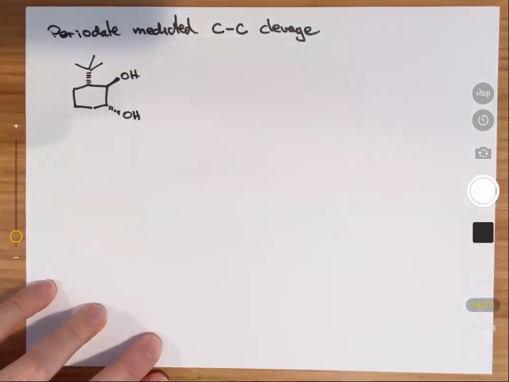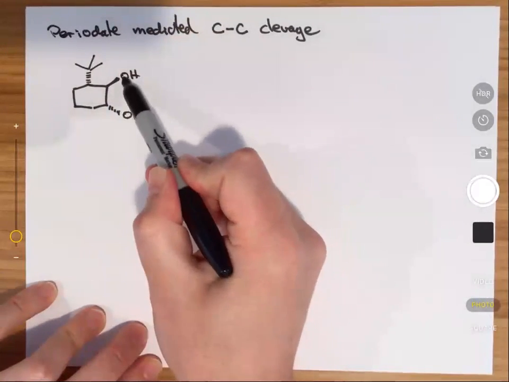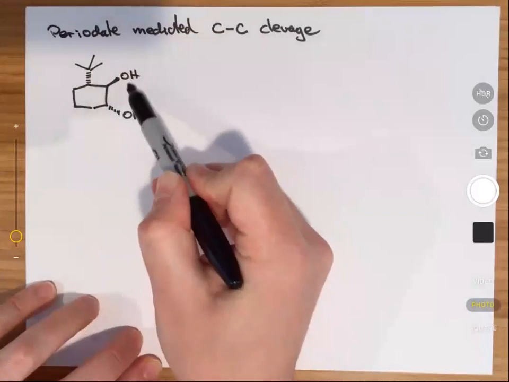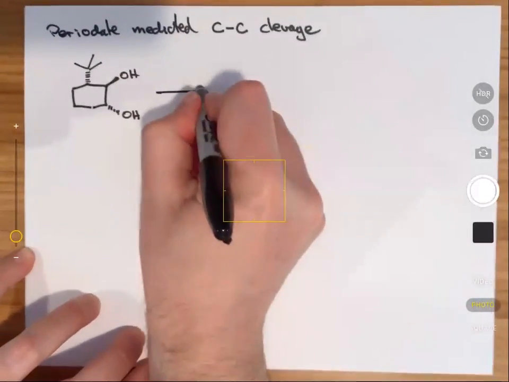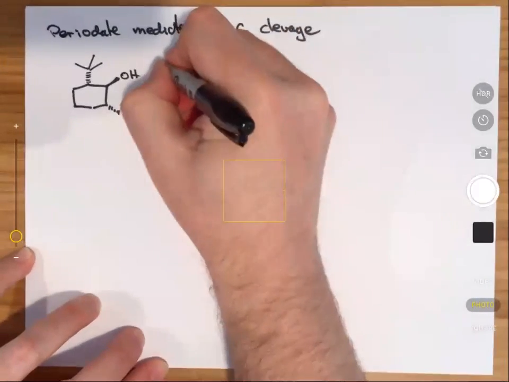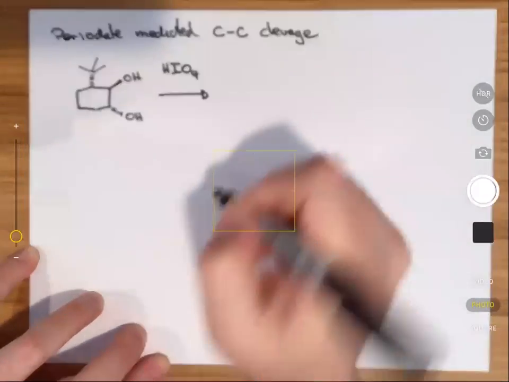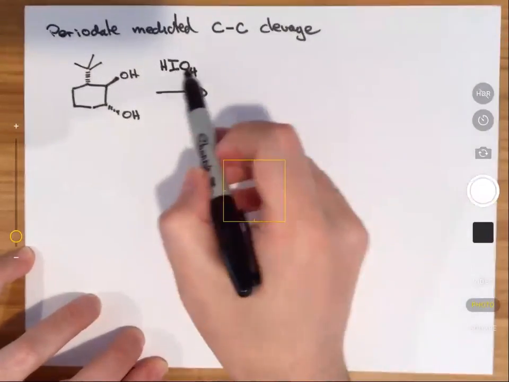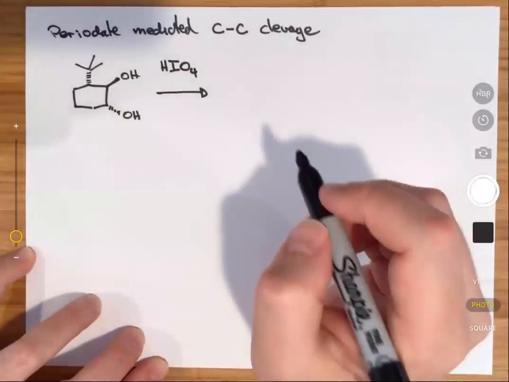But what the periodate essentially does, it recognizes these two alcohols as functional groups that it can form an ester with. So if you mix this with periodate, so that's HIO4. So this is either the free acid, or you can use the sodium or the potassium salt. Both of them work.